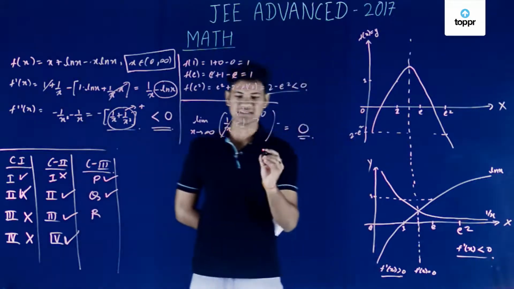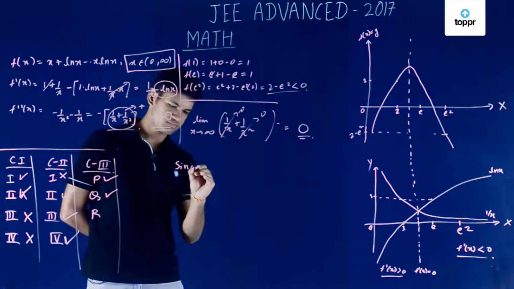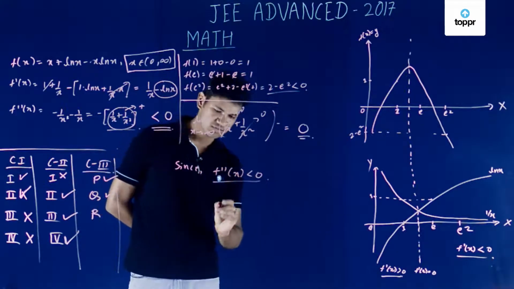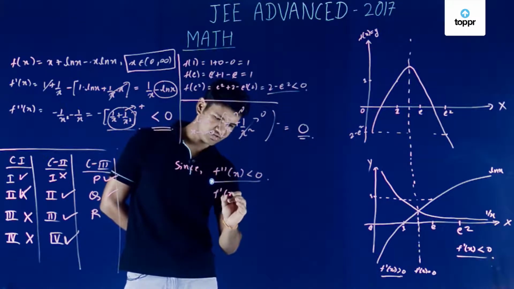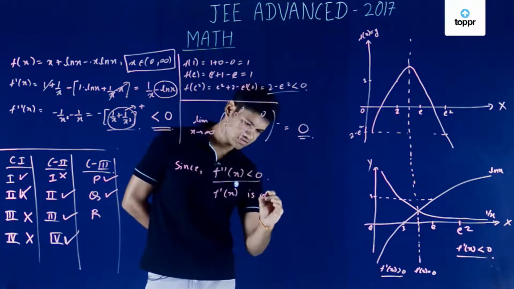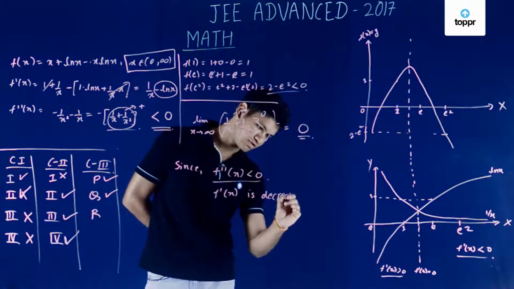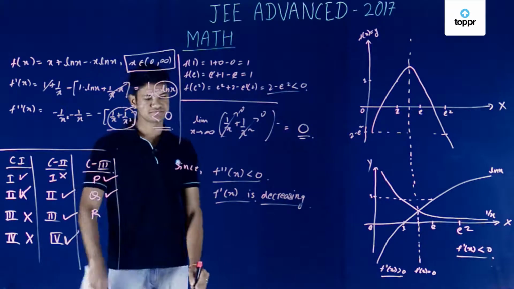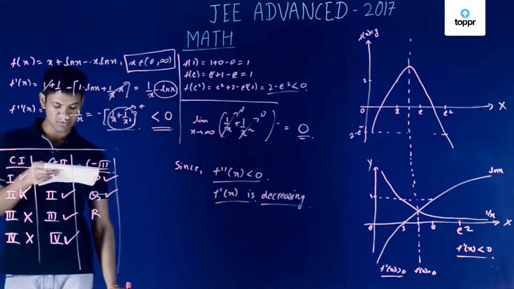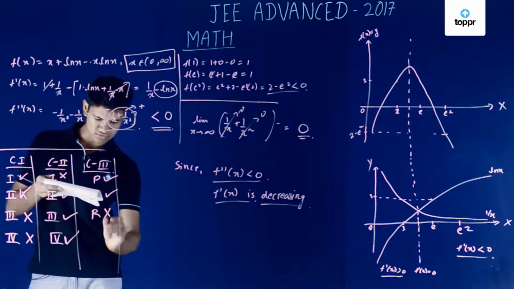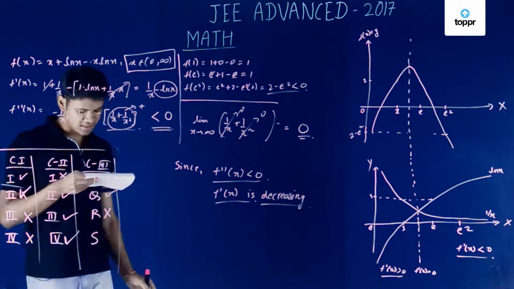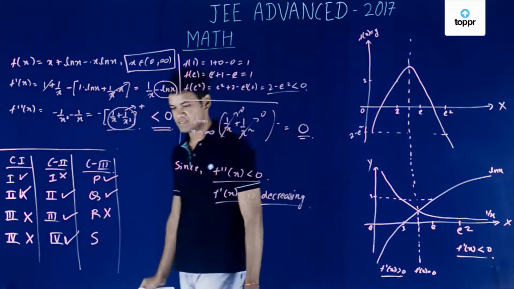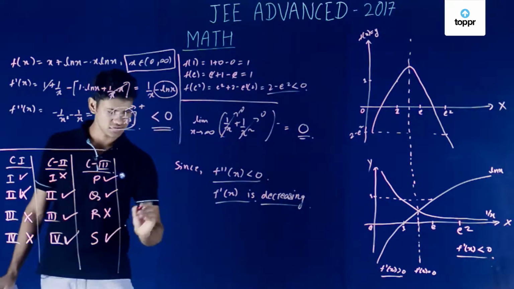So since f double dash x is forever less than 0, we can say that f dash x is decreasing. So for option R, increasing, it never increases. Now option S says that f dash x is decreasing in e to e square. So it is forever decreasing. So yeah, in any domain it will decrease. So S is correct.